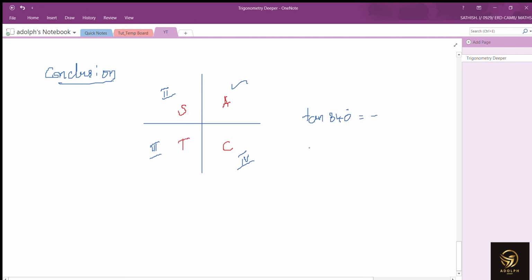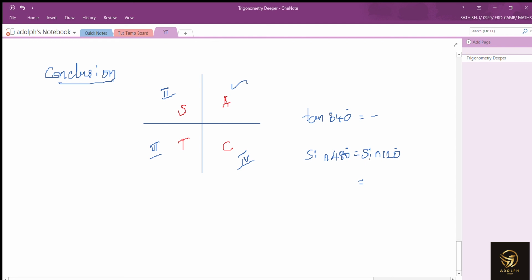In the same way, they can ask maybe sine 480. So don't confuse. Sine 480, as I said in the beginning, you have to write 480 within 0 to 360, that is, subtract multiples of 360. So sine 480 will be sine 120. Either it is positive or negative, it is a second quadrant value, so it's going to remain positive.